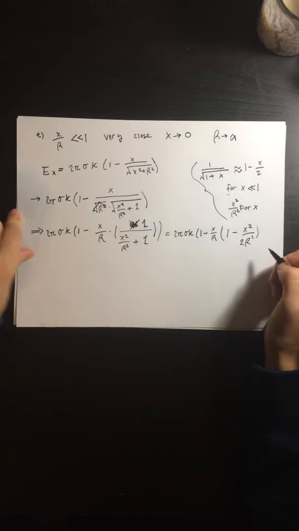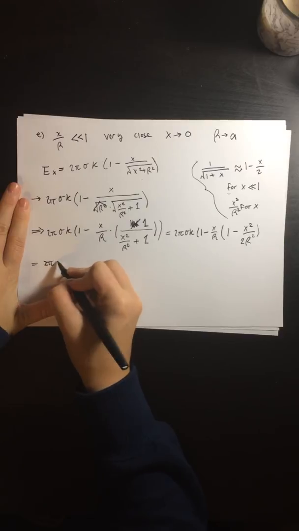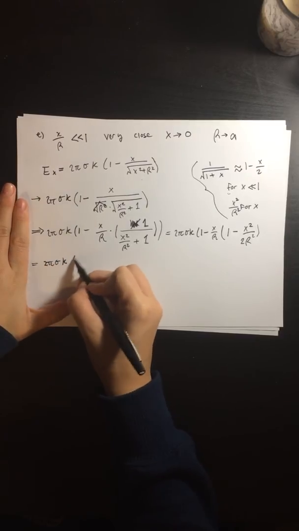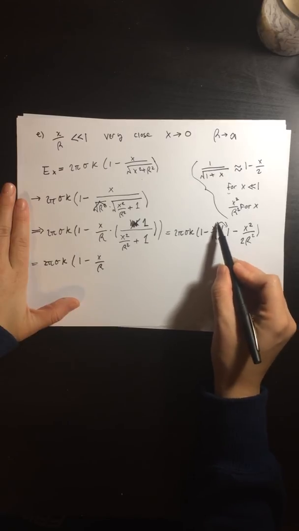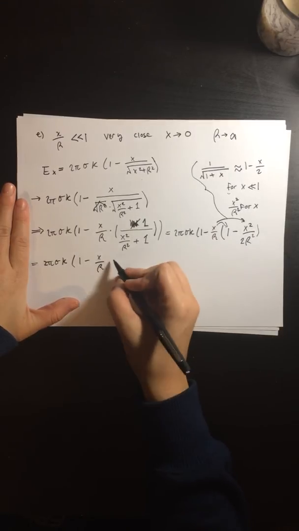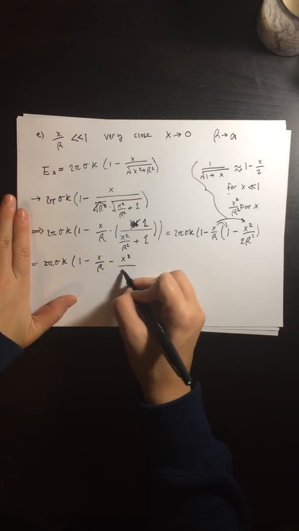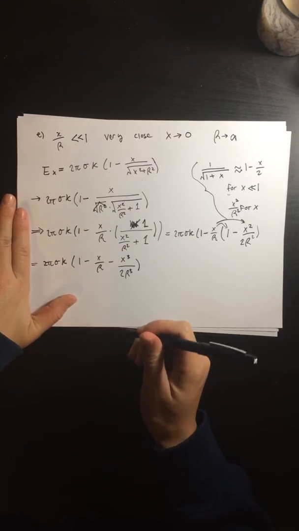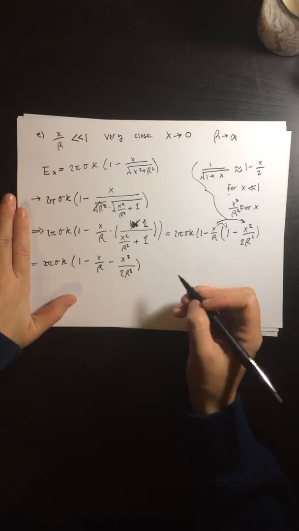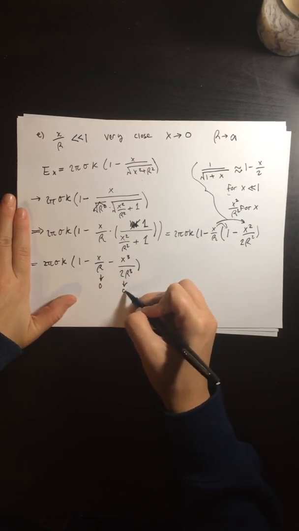So let's simplify this expression, and you get 2 pi charge density k times 1 minus x over r. Let's distribute this because we pulled it out before, so distribute it back in, minus x to the third over 2r cubed. And we know that x over r goes to 0, right?